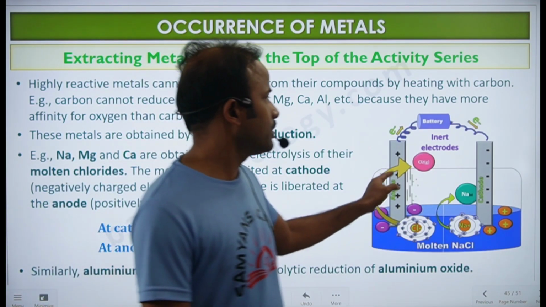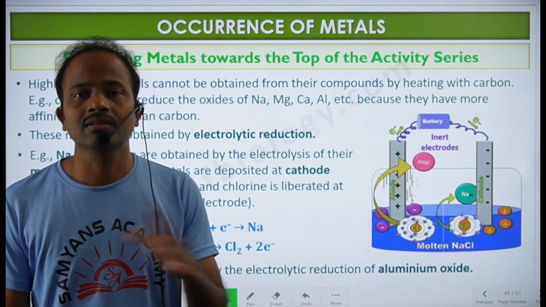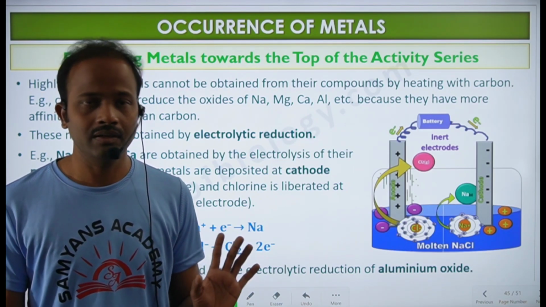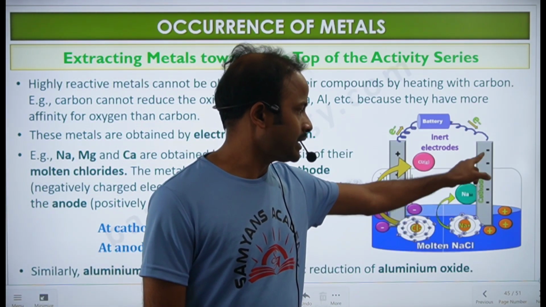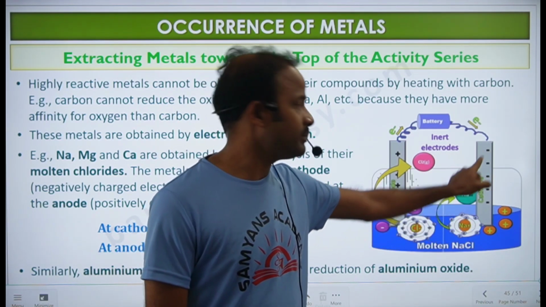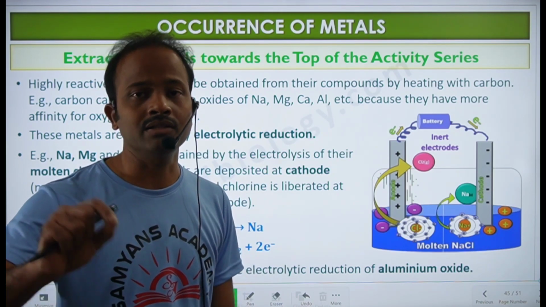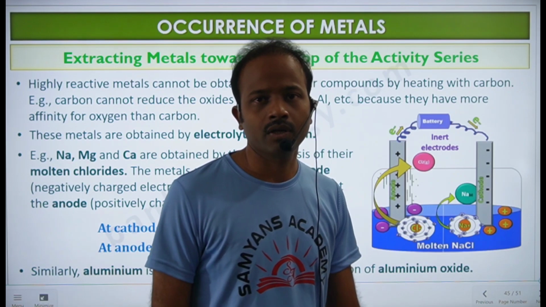The electrode connected to the positive terminal is called the anode. At the anode, chlorine gas is liberated, right? The Na+ is attracted towards the negative electrode, and the sodium ions are deposited as sodium on the cathode.